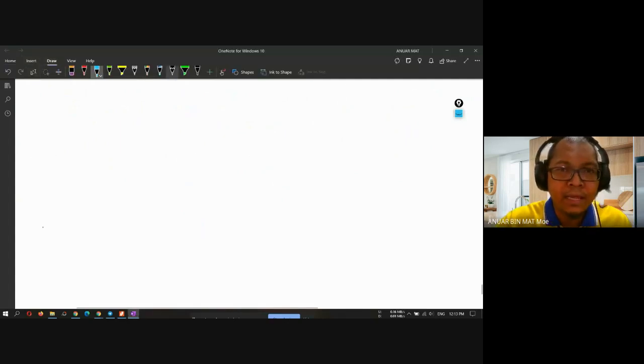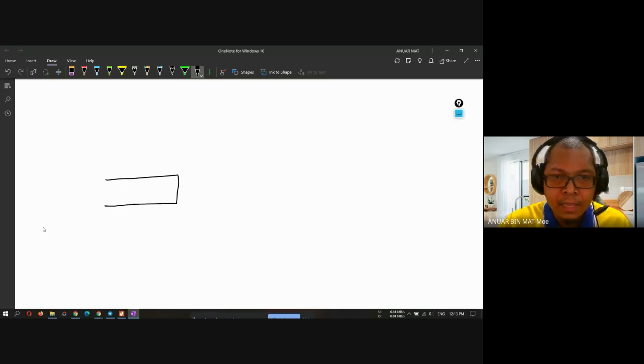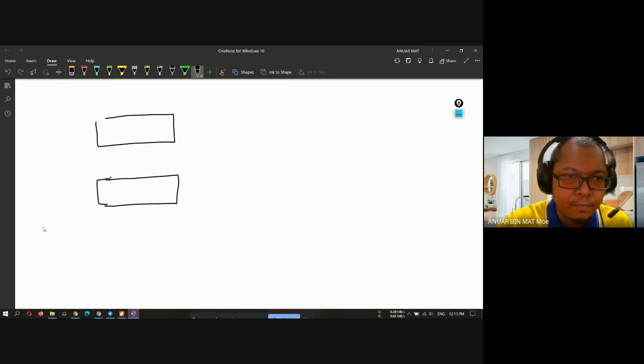For example, right here, this one is the first bar magnet and this is the second bar magnet. This is the first one, and this is the second one. One is south, one is north, and this one is also north, and this is also south.